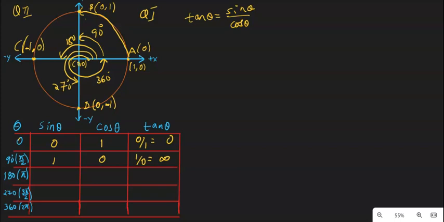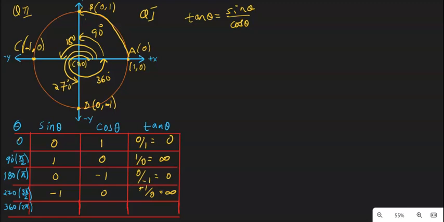At 180 degrees, at point C, the sine value is 0 and the cosine value is minus 1, and tangent will be 0 divided by minus 1, which is 0. At 270 degrees, or at point D, the sine value is minus 1 and the cosine value is 0, and minus 1 divided by 0 becomes infinity, or we can say negative infinity.